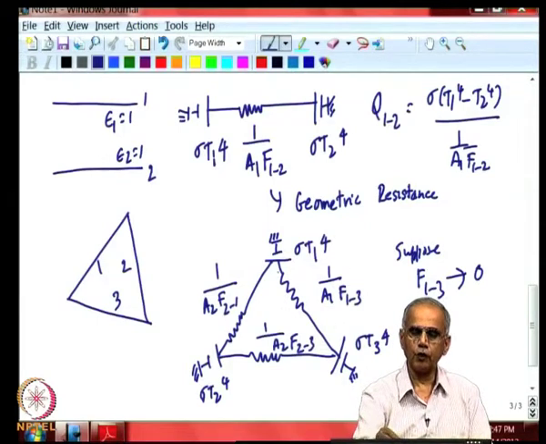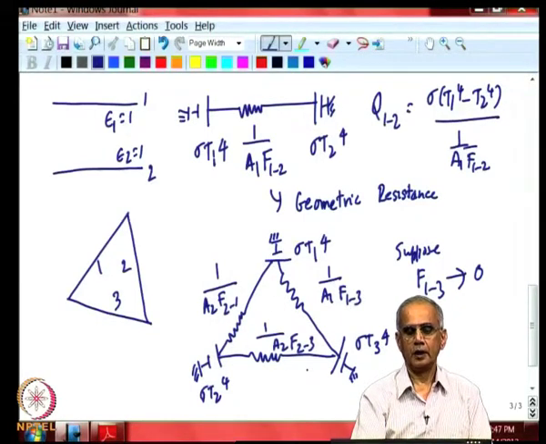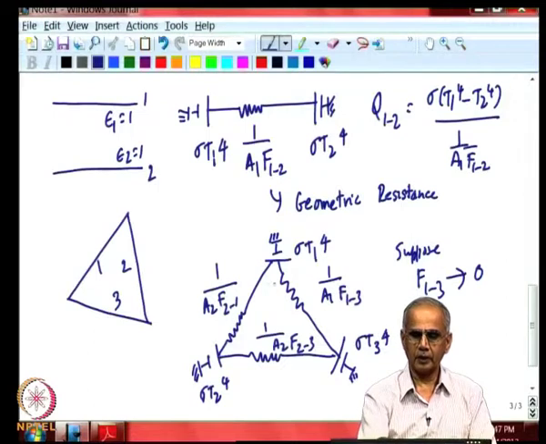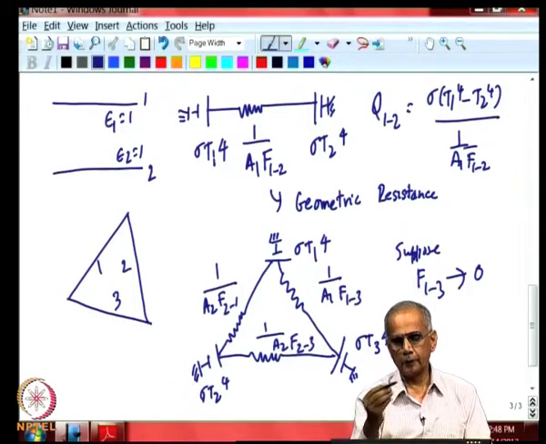Then this circuit will open up, and the current flow from 1 to 3 is only through 2. Let us say 2 was an adiabatic surface, then the current has to go only this way, and no current can flow through this arm. That makes your interpretation and analysis of the results very easy.